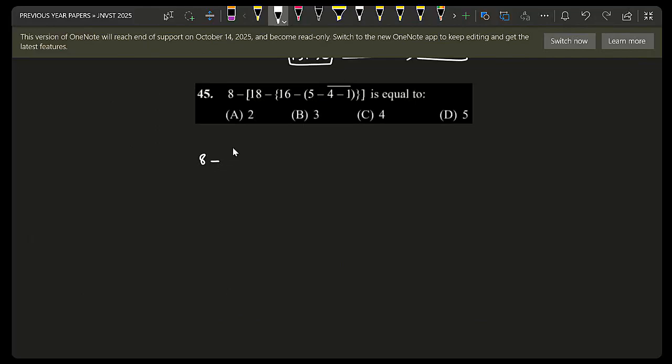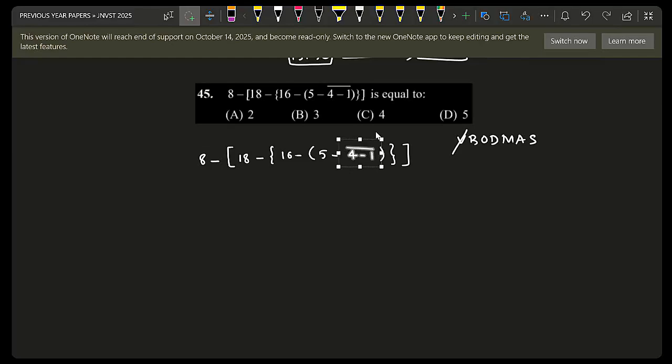So 8 minus square bracket open 18 minus flower bracket open 16 minus small bracket 5 minus 4 minus 1 is under the vinculum. Close, close, close. Let's remember again V board mass. V for vinculum. First we have to solve the vinculum only. So under the vinculum we have 4 minus 1. So I'm erasing it and I'm writing 3 here.